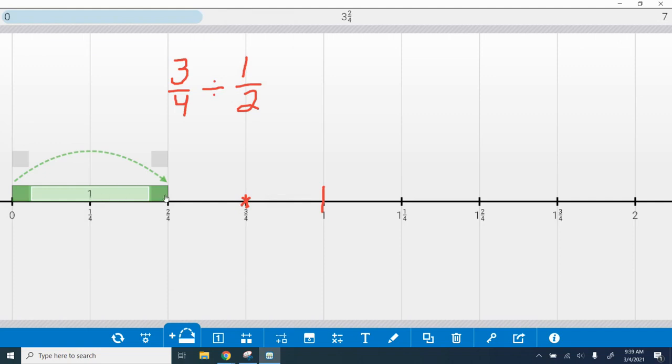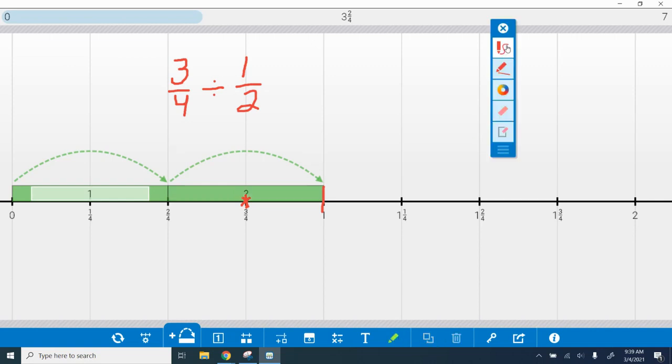How many other groups of 1/2 do we have in 3/4? Well, I'm going to go ahead and put another one down. If the question was how many groups of 1/2 are in a whole, I'd have 2, right? But instead, the question is how many groups of 1/2 are in 3/4? So 3/4 is right here.